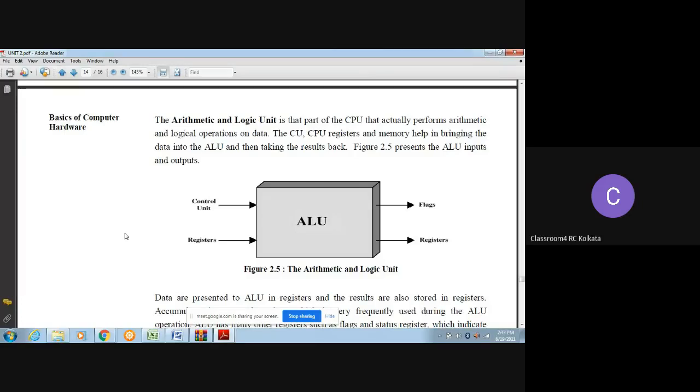Register. Actually, where are registers located? All registers are in the CPU, right?